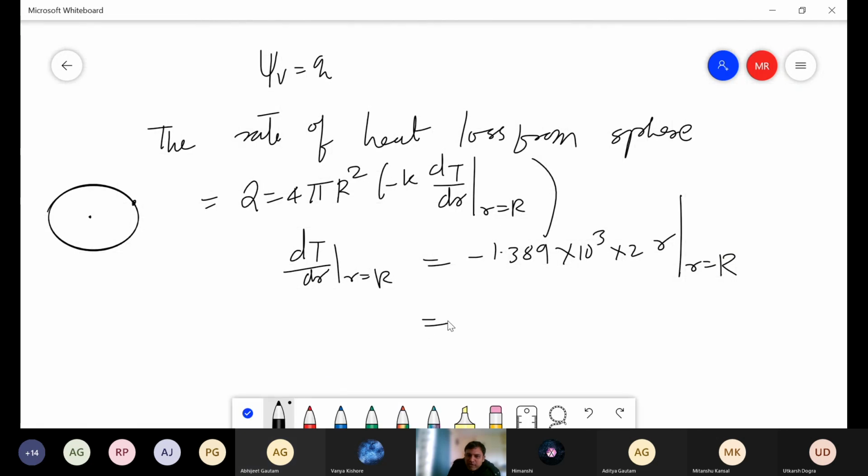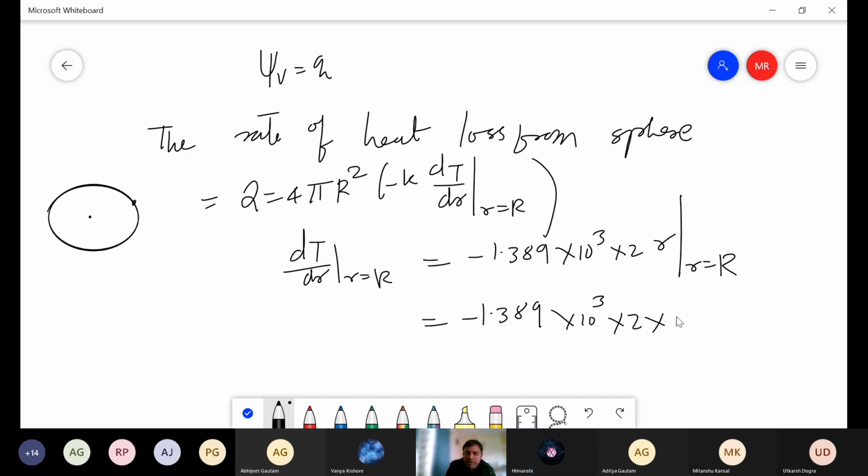So that means this will be given as minus 1.389 into 10 raised to power 3 into 2 into R. What is R in this case? What is the diameter? Diameter given in this case is 10 centimeter.